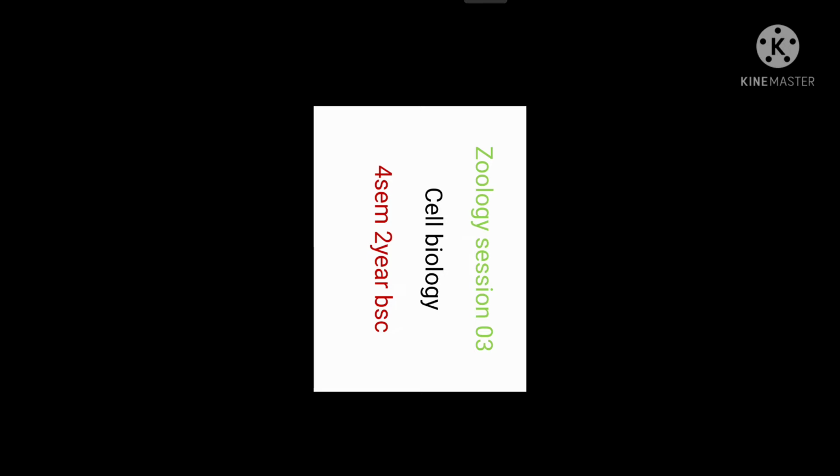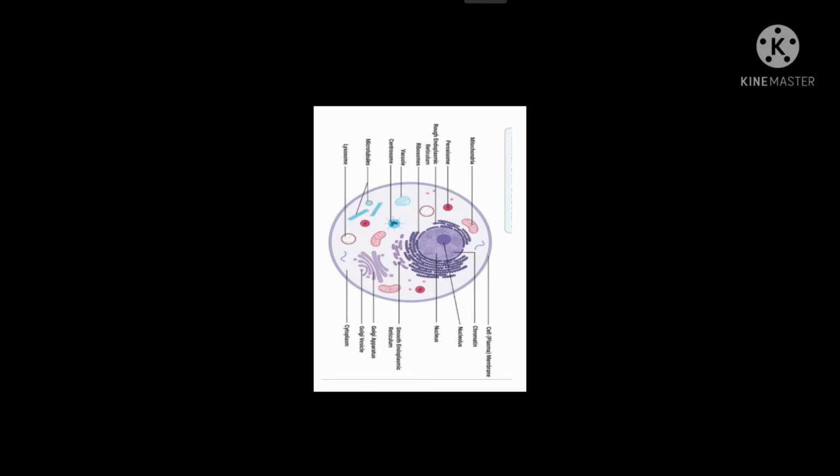The Golgi apparatus was discovered by Camillo Golgi in 1898, hence the name Golgi apparatus. It was first observed in owl and cat nerve cells.